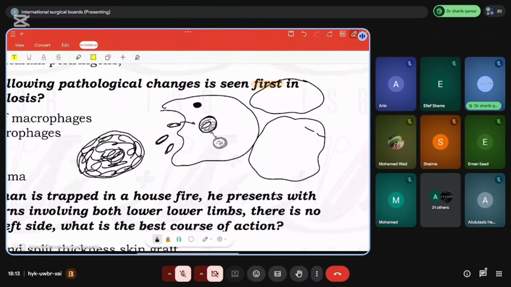So giant cells are not seen at the get-go, they are seen later. When the epithelioid cells come together, giant cells start appearing within the tubercle. The center of the tubercle also becomes necrotic in the end, forming a caseating granuloma. This change in primary TB we call Ghon's focus.